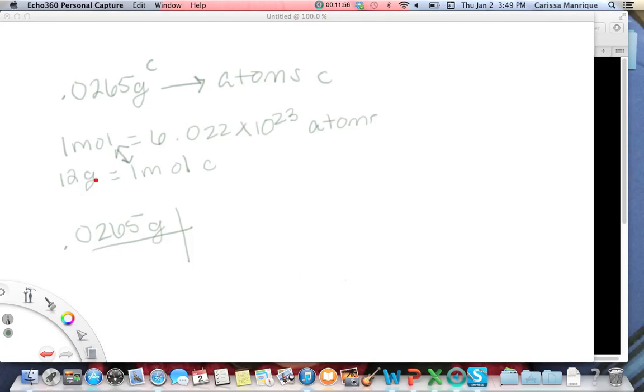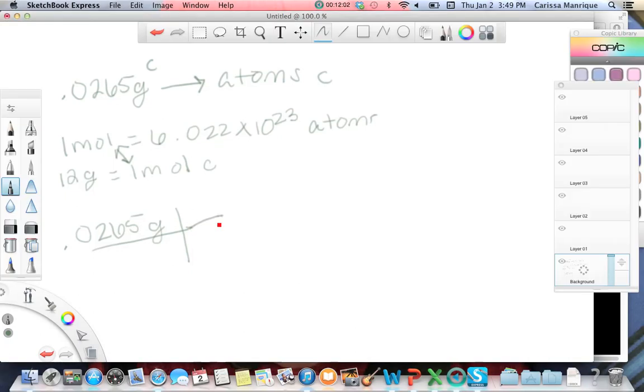Because it has grams in it. Okay? Now I know I have 12 grams of carbon per 1 mole of carbon. Again, why did I put grams at the bottom? Because I have grams right here and I want to cancel it out.